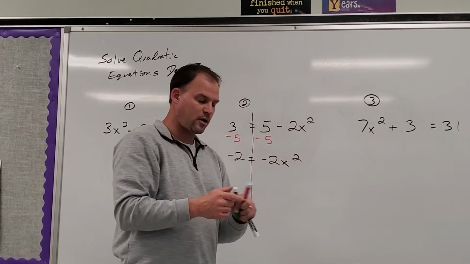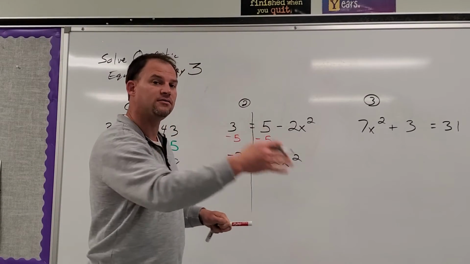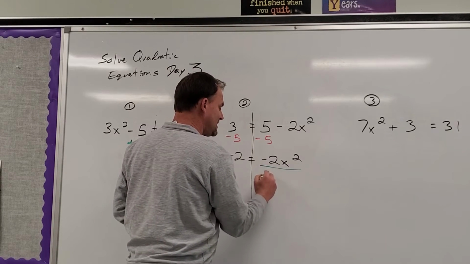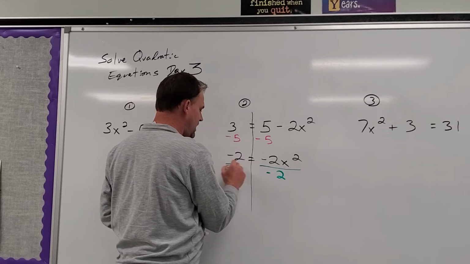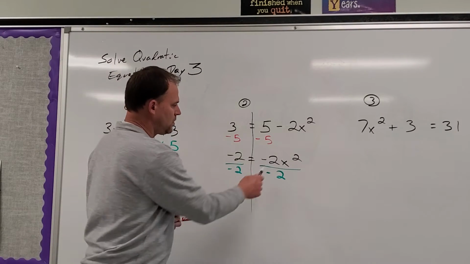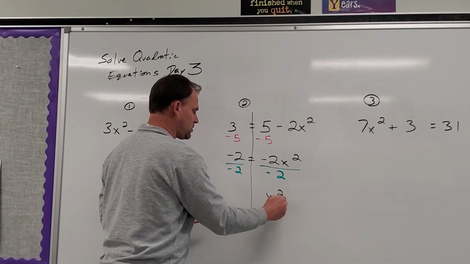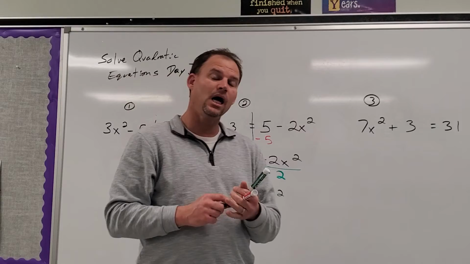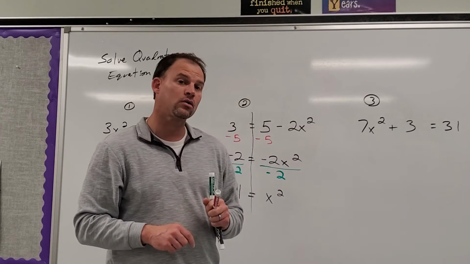How do I get x squared by itself? What am I going to divide by? Look carefully. Divide by the exact same sign, negative, negative. I've got to take care of that sign, okay? So now, this comes out to positive x squared. This comes out to positive 1. Is 1 a perfect square?